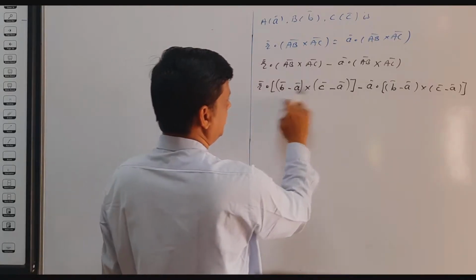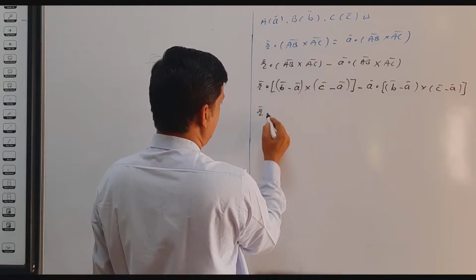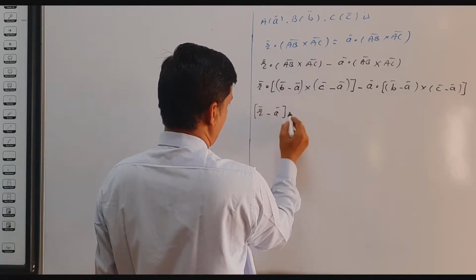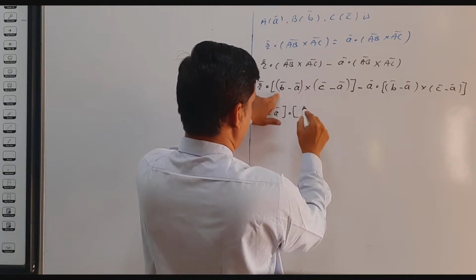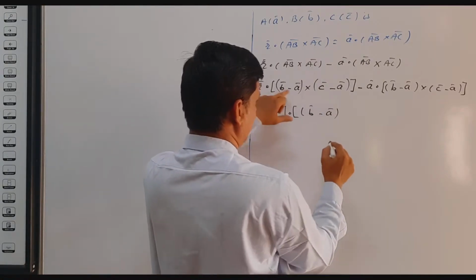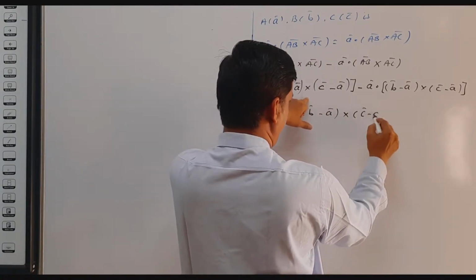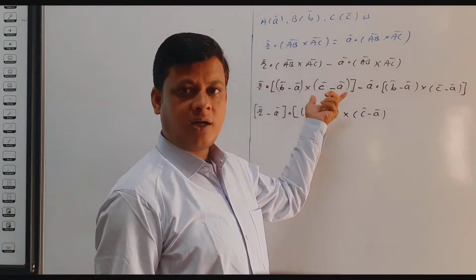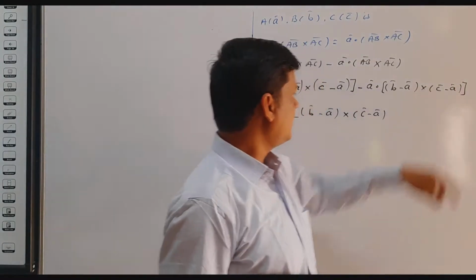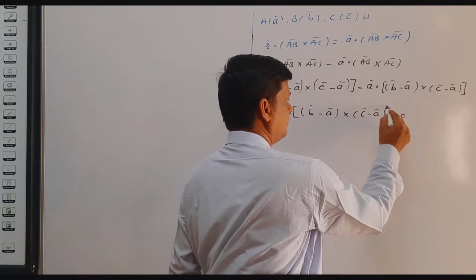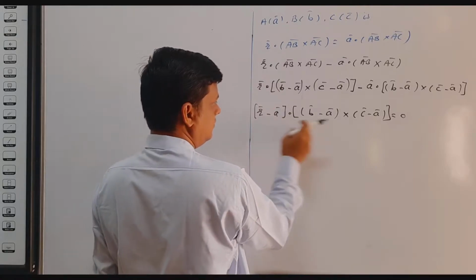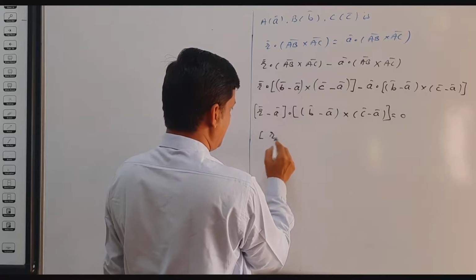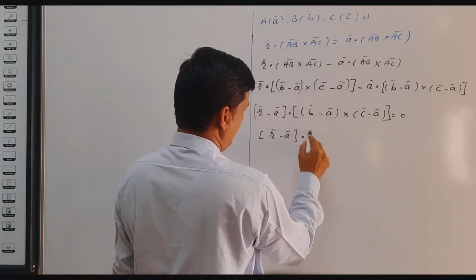So again we take this bracket common, so we write R bar minus A bar dot this B bar minus A bar cross C bar minus A bar. So we take this B bar minus A bar cross C bar minus A bar common, so we write equals to 0.